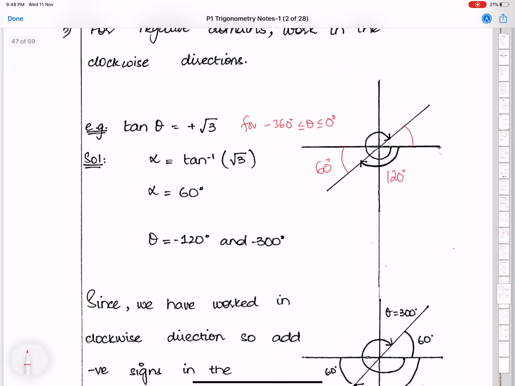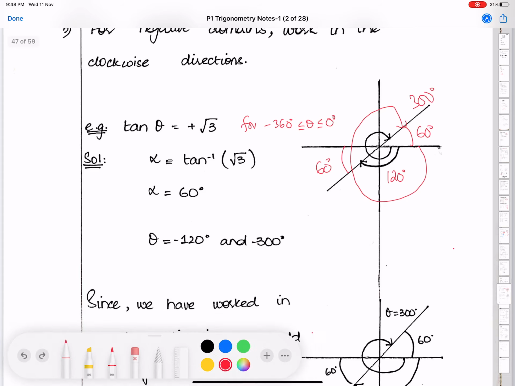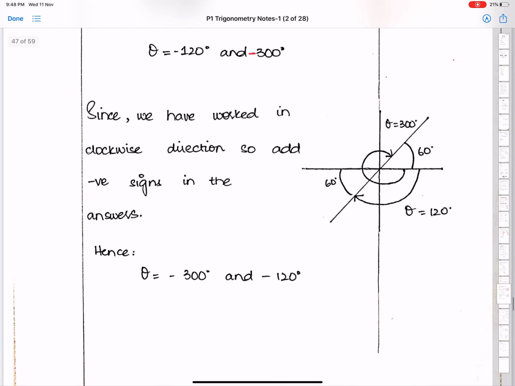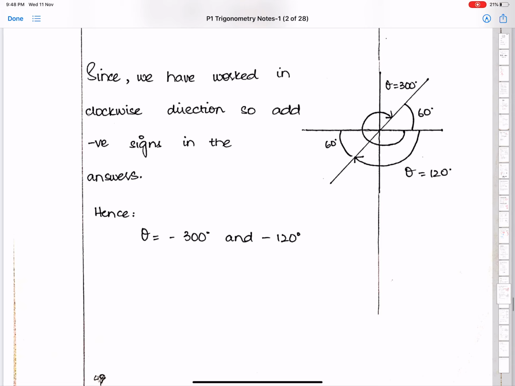And this number is 60 basic angle, therefore this answer will be 300. And since you work in clockwise direction, write negative in the answer. This is negative 300. I have mentioned this here. Since we work in clockwise direction, this answer must be negative and this must be negative.